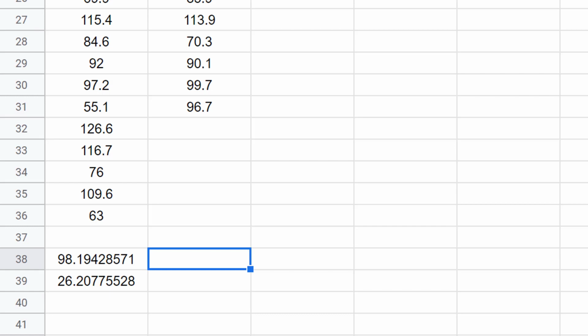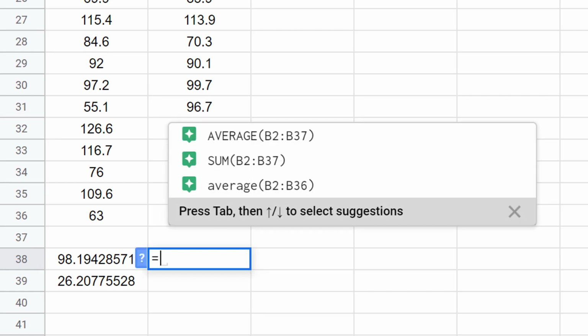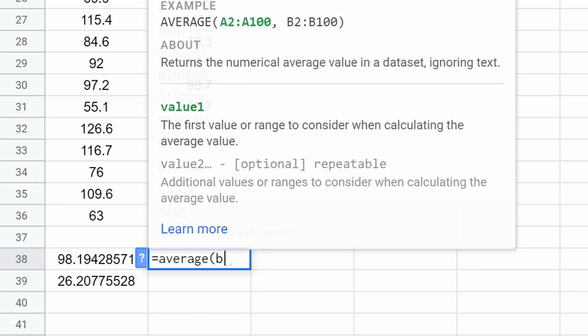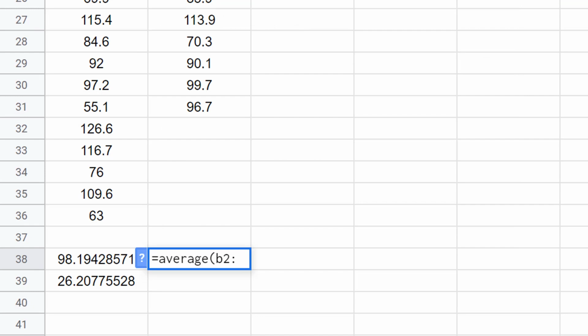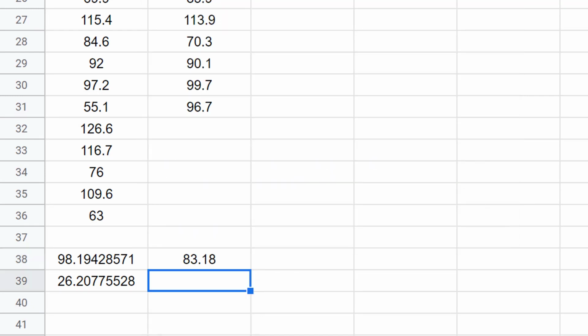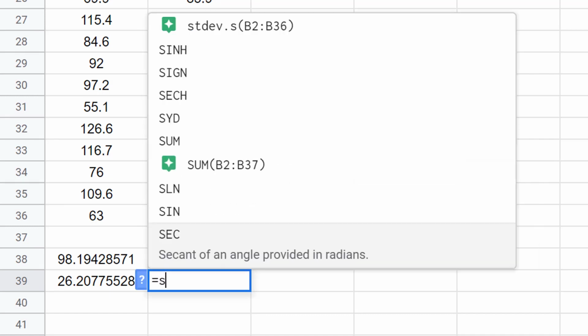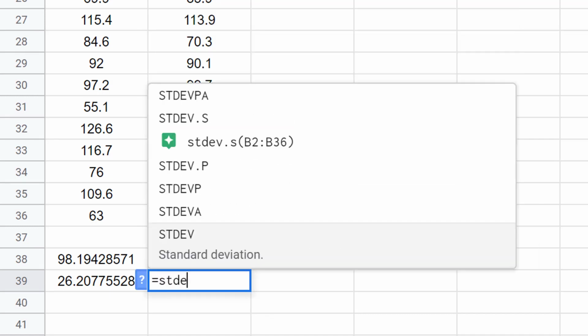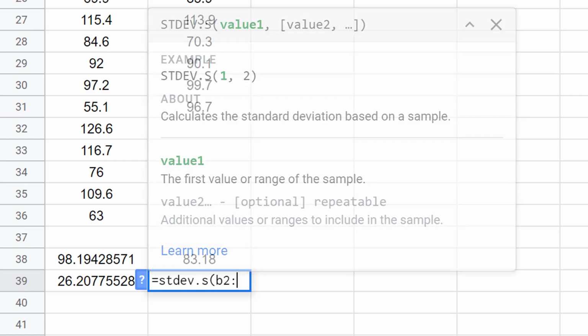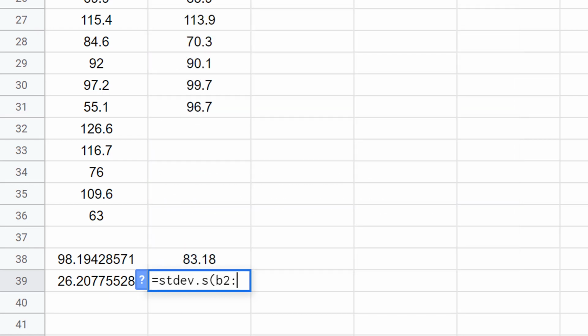And I'm going to do the same thing for the public institutions. So we have average, in this case it's B2 to B31, and standard deviation. 23.95.